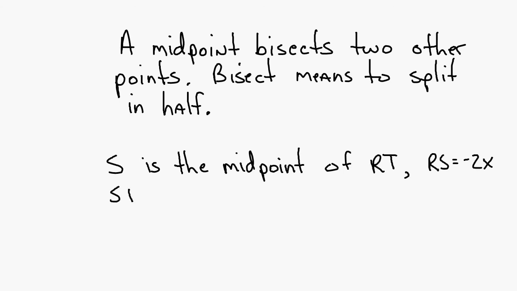ST equals negative 3x minus 2. And you're asked to find RS, ST, and RT.